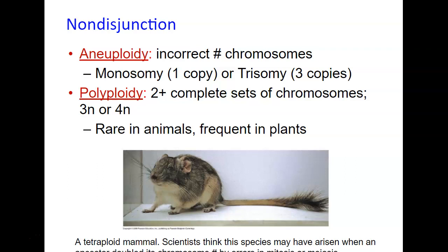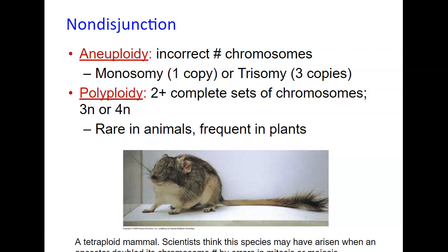We have haploid for half, which our sex cells have, and diploid for 2 sets, which is what we normally have in a fertilized zygote or our normal body cells. But aneuploid means you have the wrong number. Monosomy means that you are missing one. Trisomy, like trisomy 21 in Down syndrome, means that you have an extra one.